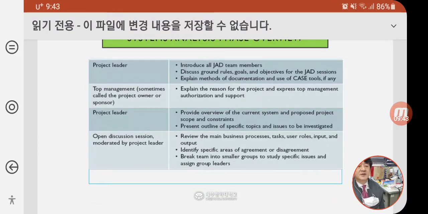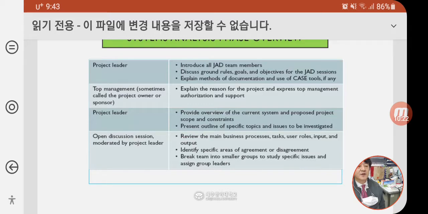Top management, also called the sponsor, explains the reason for the project and expresses management authorization and support. The project leader introduces all JAD team members and discusses ground rules, goals, and objectives for the JAD sessions. The leader explains the method of documentation and use of CASE tools, if any.